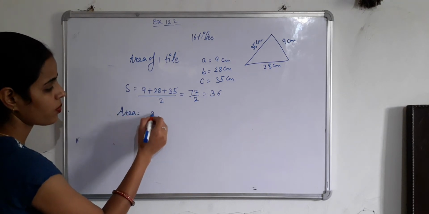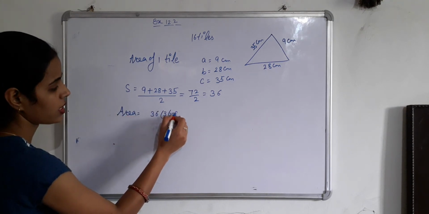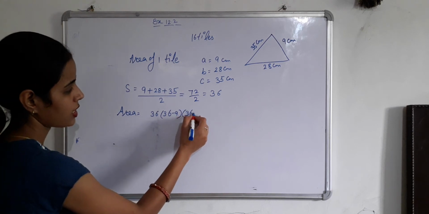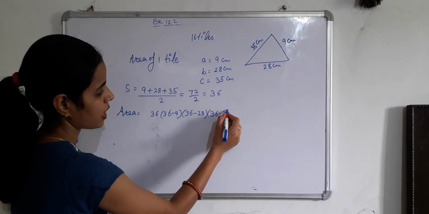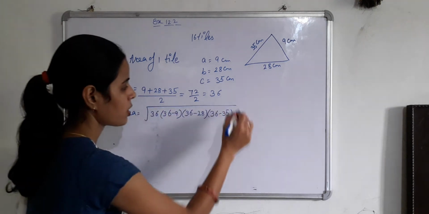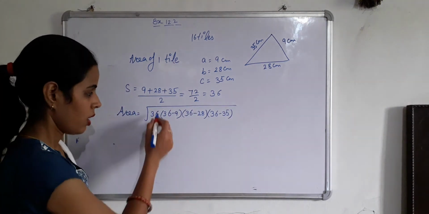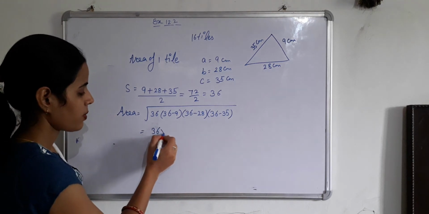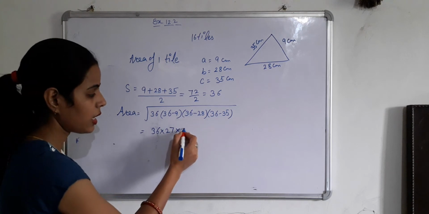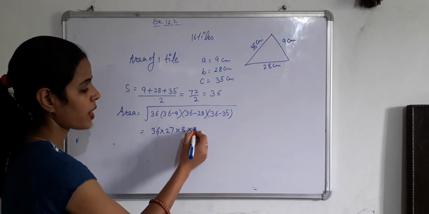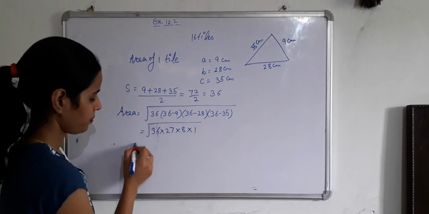Area equals root of 36 into 36 minus 9, 36 minus 28, 36 minus 35. All these terms lie in root. 36 as it is, 36 minus 9, 27, 36 minus 28, 8, 36 minus 35, 1.